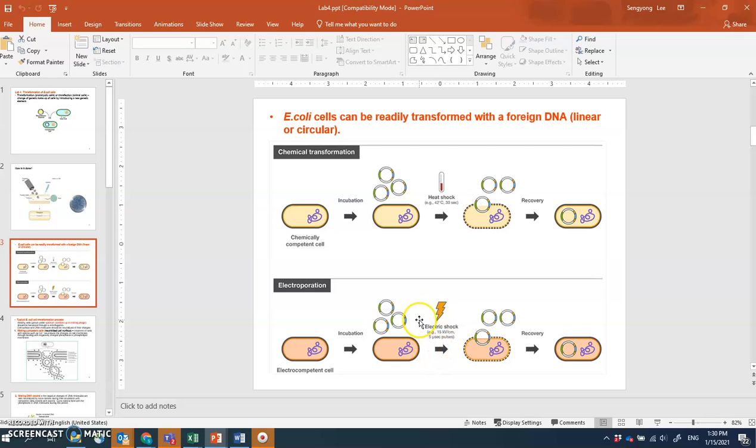Since DNA molecules are negatively charged, they will follow the electric current. When they do that, some DNA may be trapped inside a cell during the zapping. So that could be a method of transformation. We call it electroporation because the electric current is making a pore in the cell membrane. That's how you can transfer your DNA into the cell.